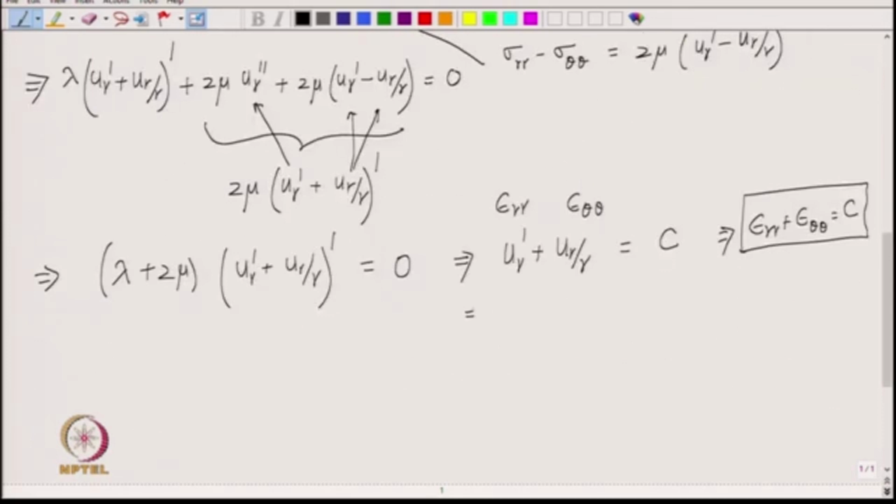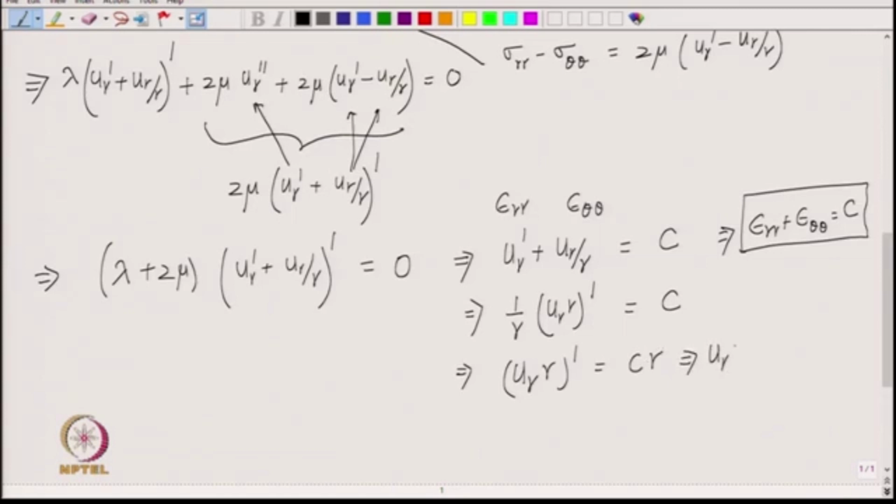This then becomes 1 over r (u_r into r)'. Can you see this? When you do the differentiation, you will exactly get what is there in the top, and this is equal to a constant c. So, that means (u_r into r)' is equal to c into r.